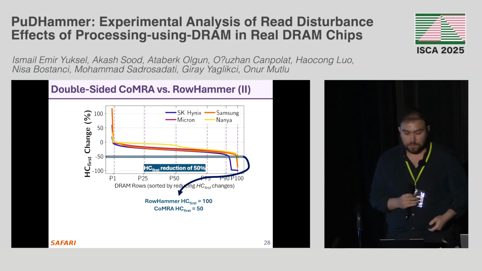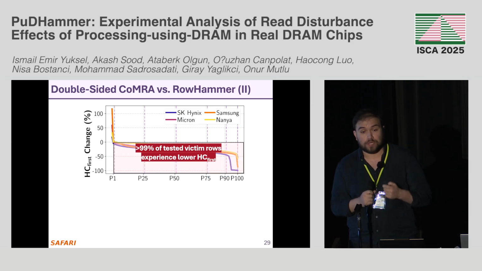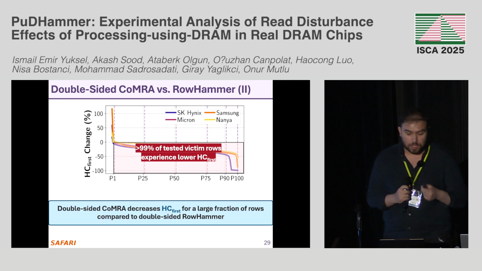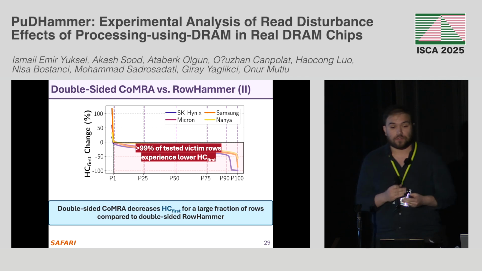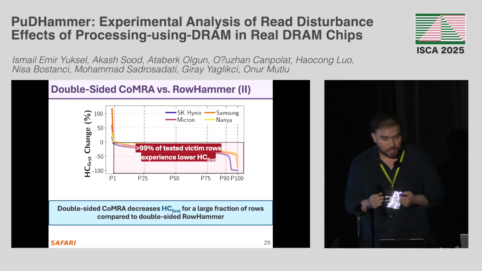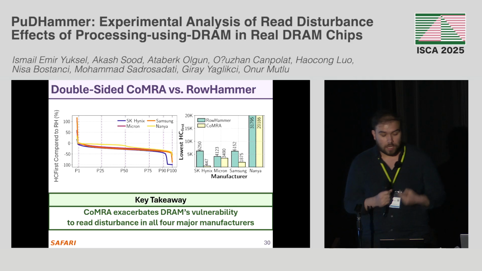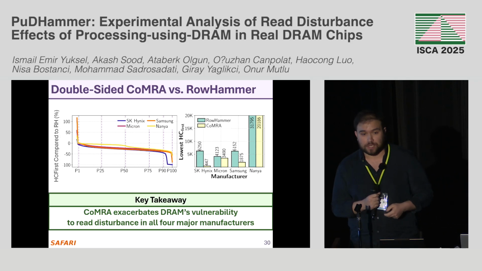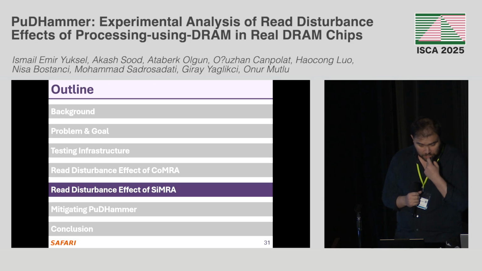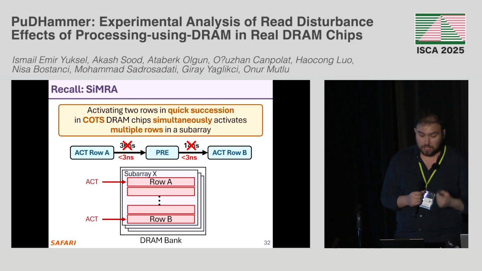We observe that more than 99% of tested victim rows experience lower HC first, and we conclude that double-sided COMRA decreases HC first for a large fraction of rows compared to double-sided RowHammer. Using these experiments, we conclude that COMRA exacerbates DRAM's vulnerability to read disturbance in all 4 major manufacturers.